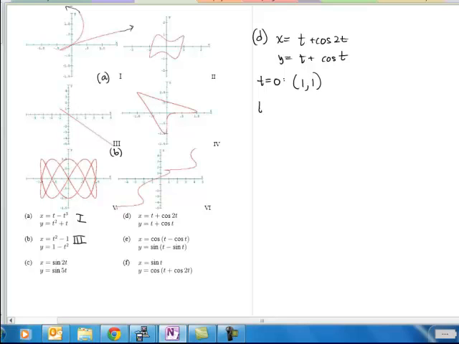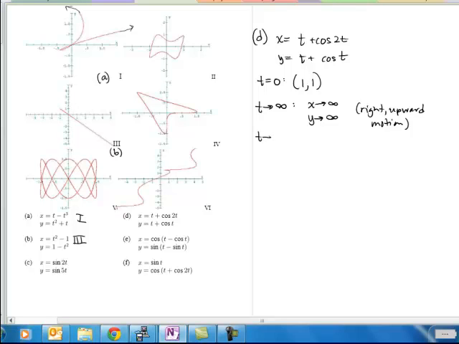And then also, let's think about as t goes to infinity, x is going to also just be growing larger, larger, larger. This cosine 2t is going to oscillate between -1 and 1, but t itself is just going to get huge. So x will go to infinity, and y will go to infinity also. So we'd see upward and right movement, and it will be unbounded.